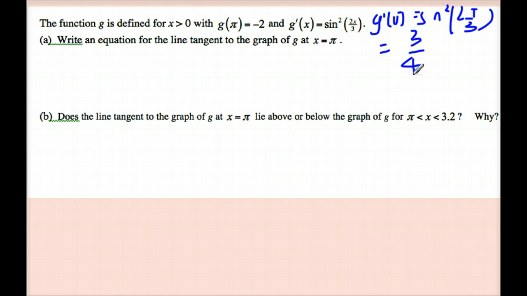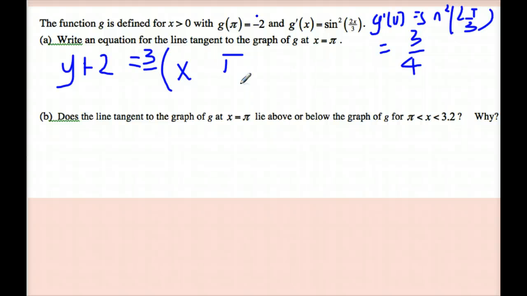So to write the equation of the tangent line, I have y plus 2, because of that negative, is equal to 3 over 4 times x minus pi. Let me fix that, it's x minus pi, in parentheses.